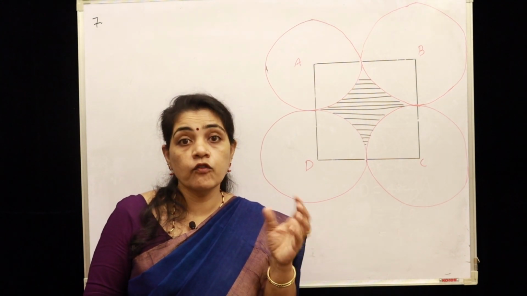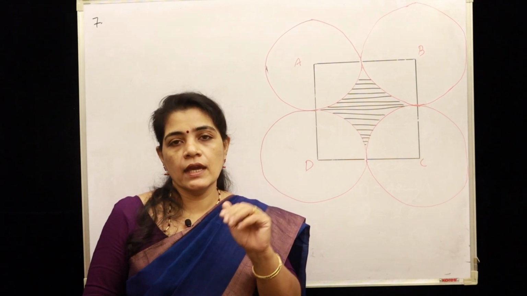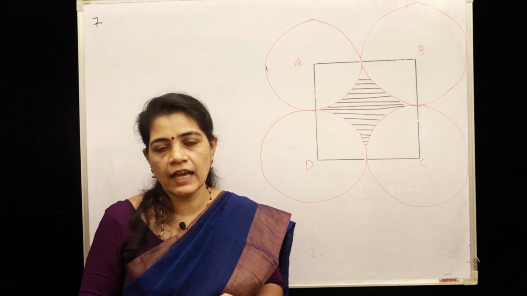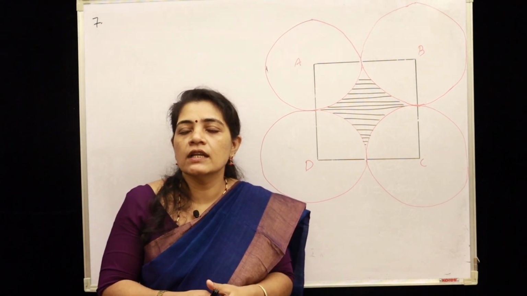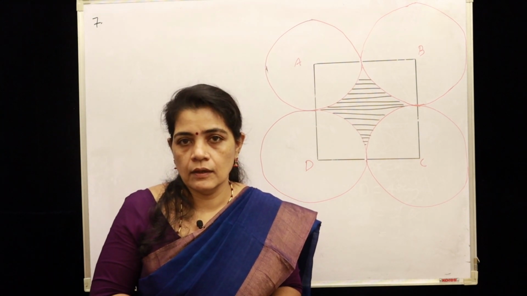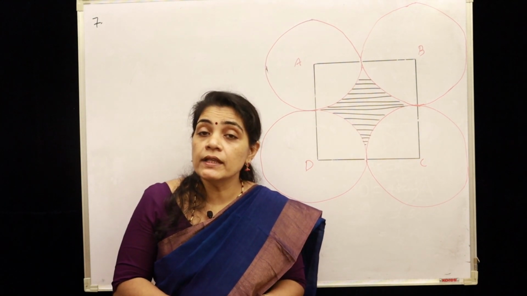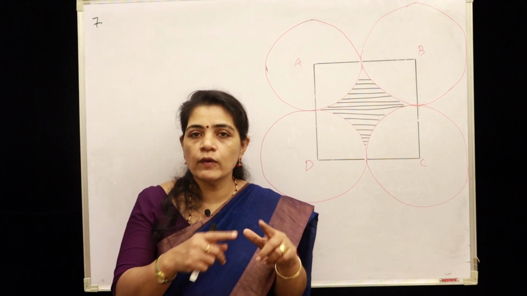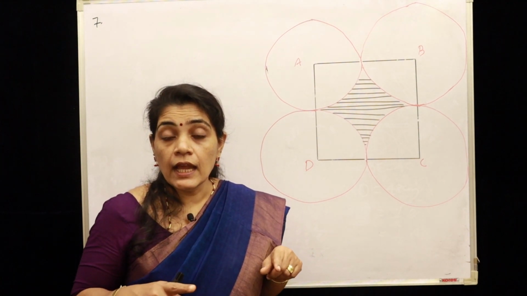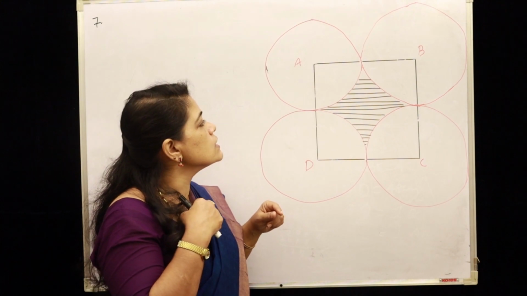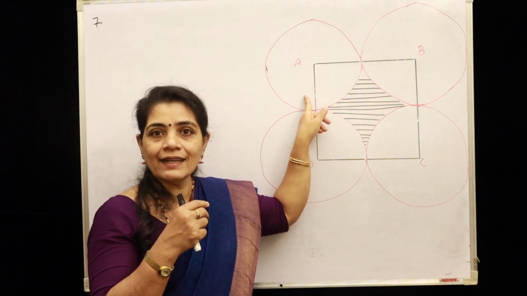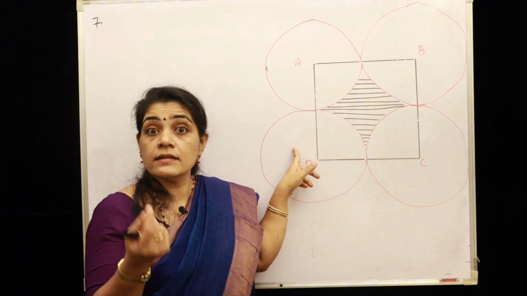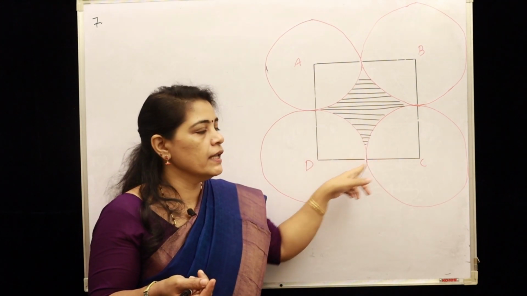Likewise we have 4, so 4 into pi r square by 4, the 4 gets cancelled, or 4 quadrants will make 1 circle. And what will be the radius? That is why the first explanation is very important here, because this circle touches 2 of the remaining 3 circles externally.